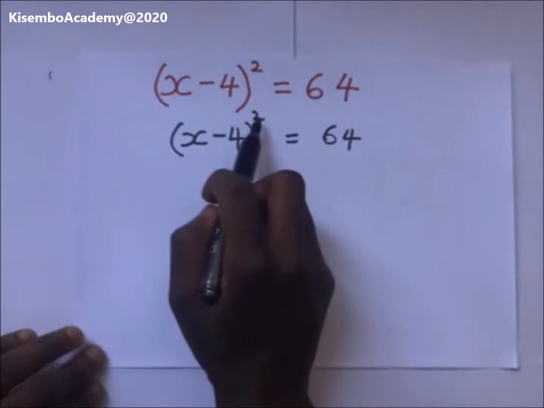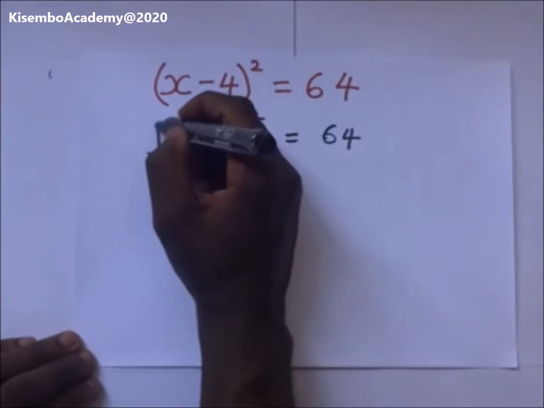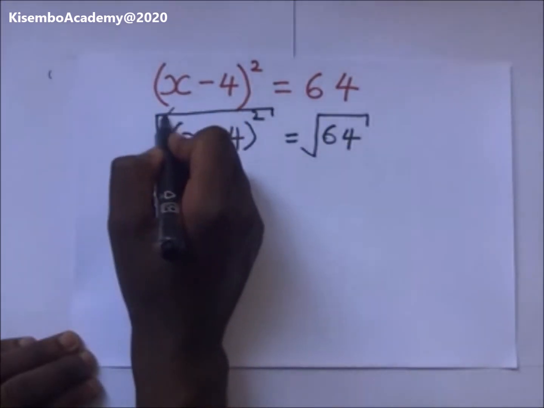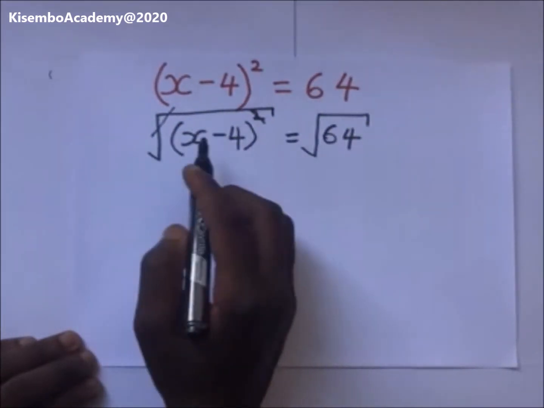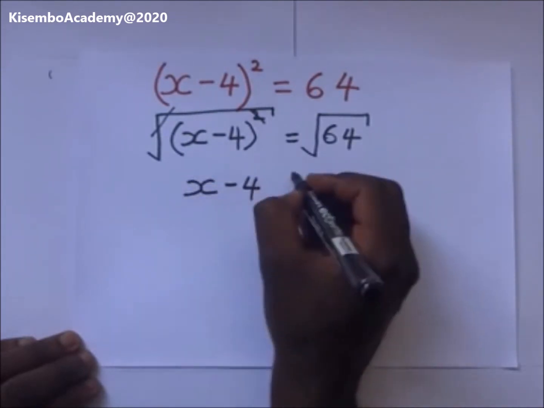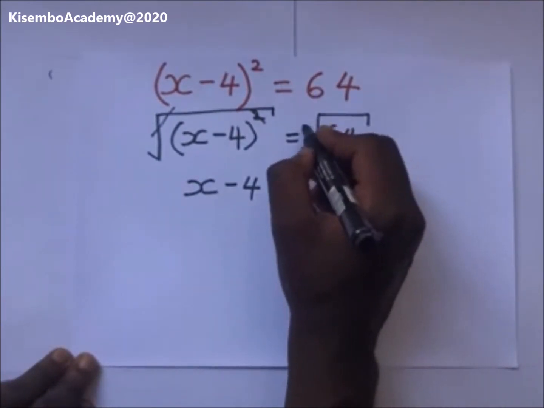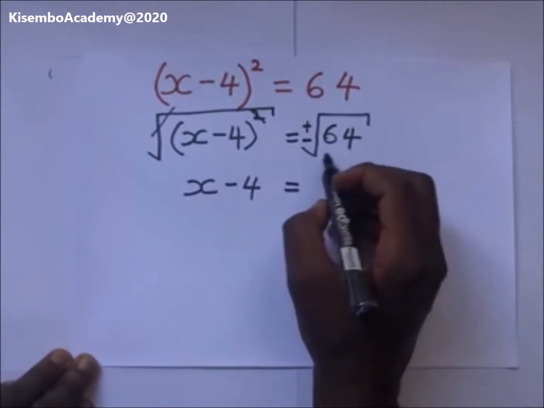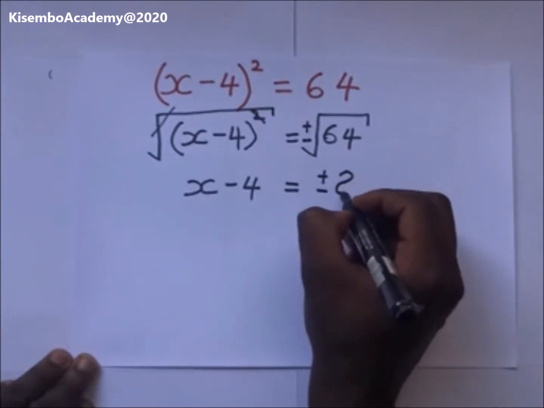So to remove this squared sign, we find the square root on both sides of the equation, so that the square root sign disappears with the squared sign. So you remain with x minus 4 this way. So x minus 4 is going to be equal to, remember that the square root of 64 is 8, but it's either positive or negative. So the square root of 64 is, in this case, positive or negative 8.